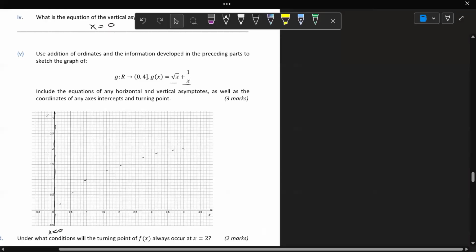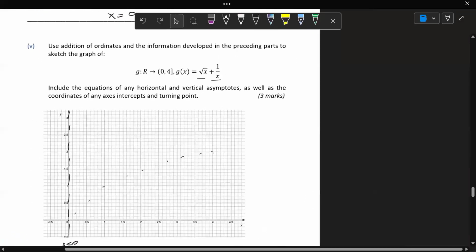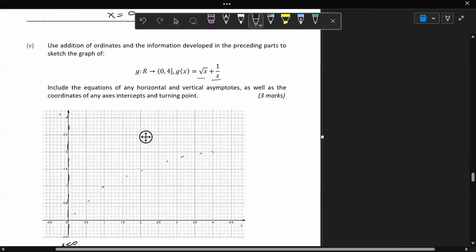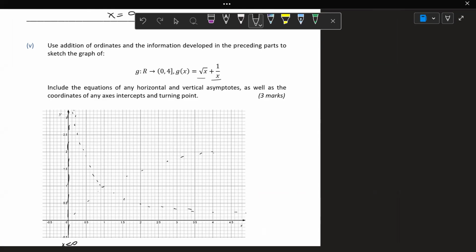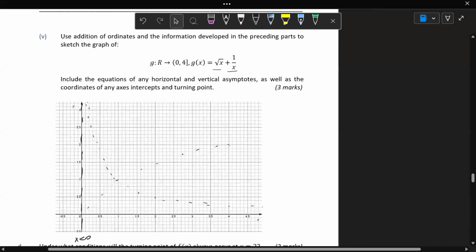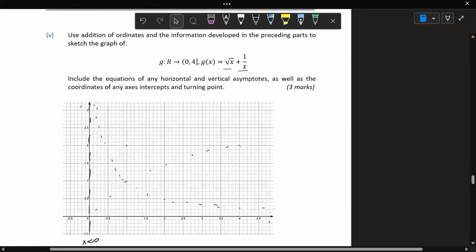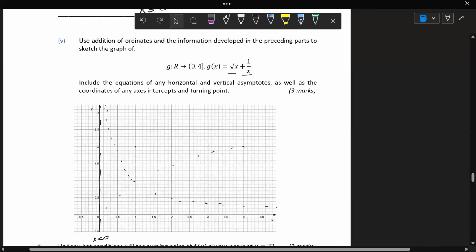And 1 over x looks like this. Yeah, so those are the two graphs there. And since you're adding them together, 2 will be here, because they're both 1 here, so it adds to 2 here.